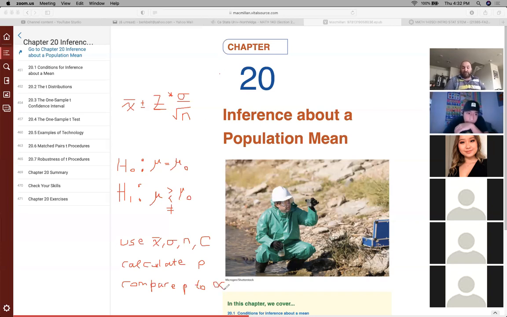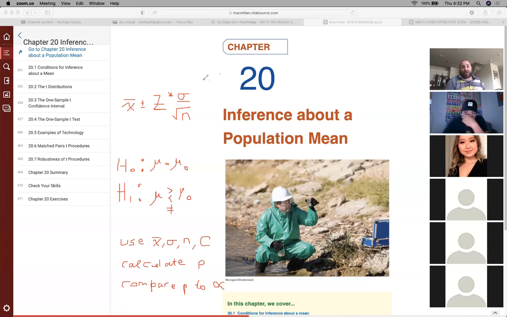Usually we take 0.05, but we don't have to. Depending on the problem, it might not be 0.05. I would certainly recommend having your Z stars for 90%, 95%, 99% in your notes for the test, because they're used quite often. So this is what we've done so far.